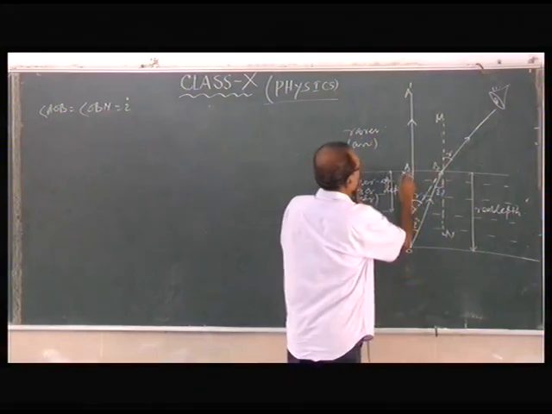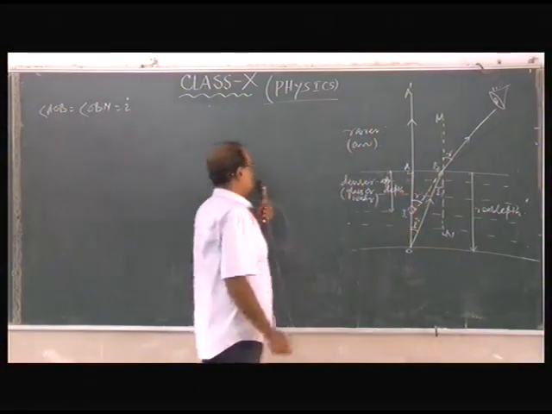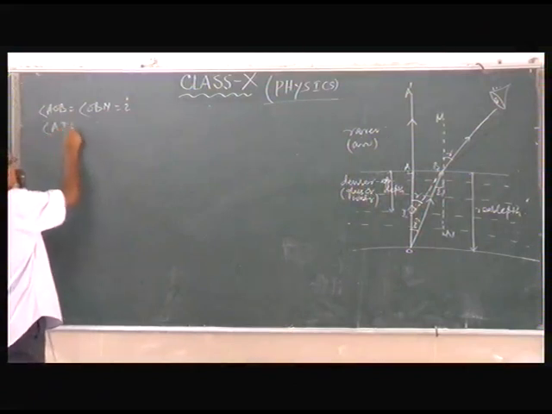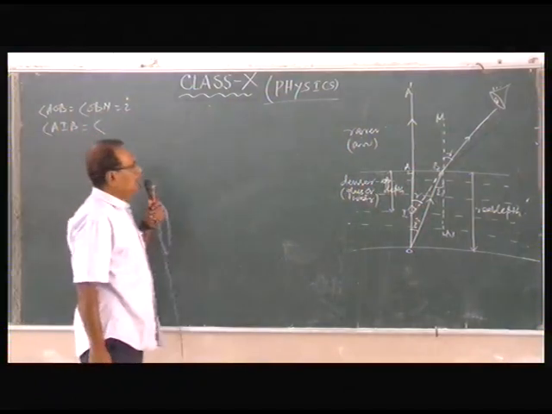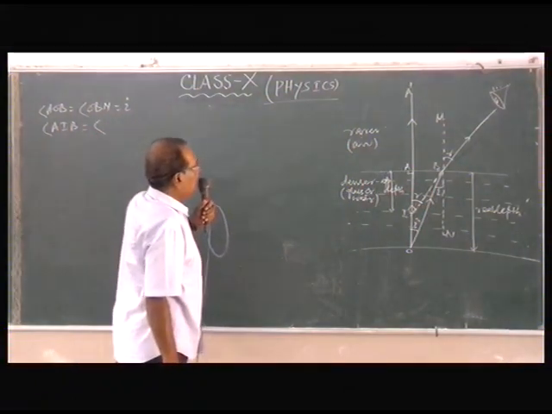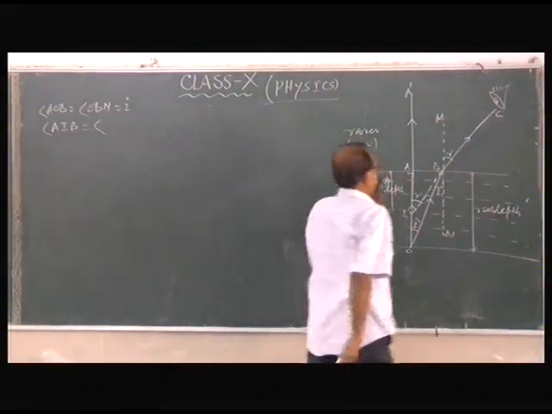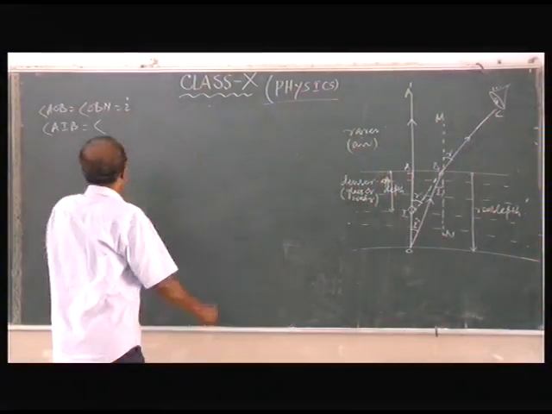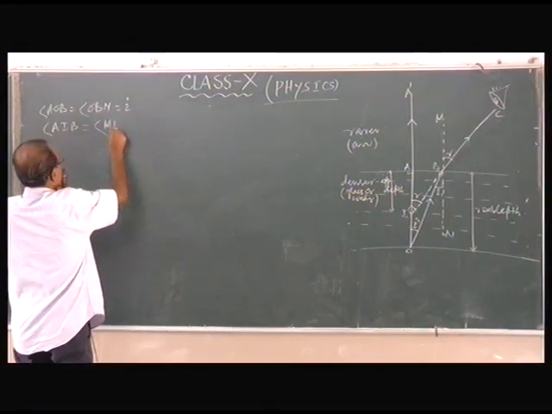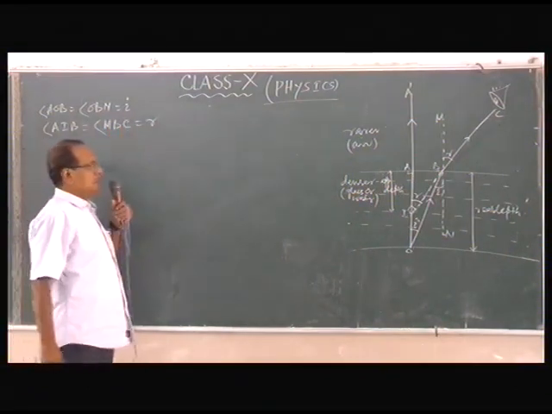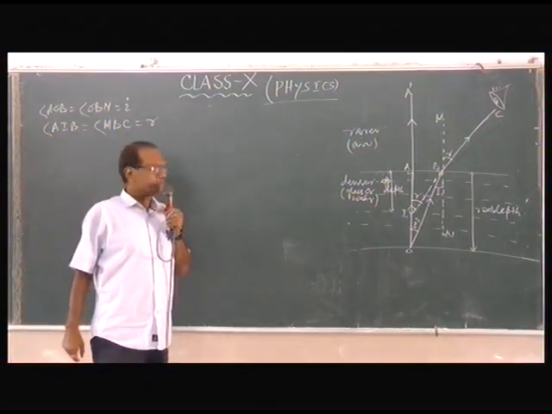It means angle AIB is equal to angle MBC, that is equal to R. They are corresponding angles.